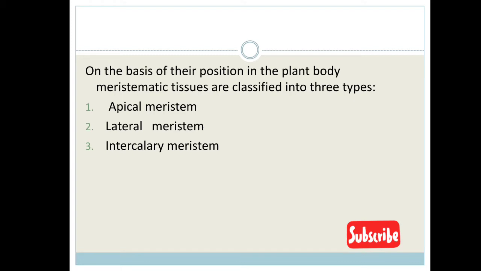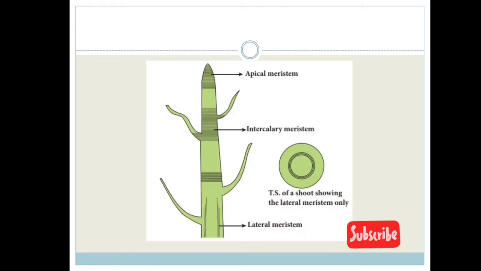These are the three types classified on the basis of their position in the plant body. You can see here in the picture where the apical meristem is present, then the intercalary meristem, and the last one, the lateral meristem.